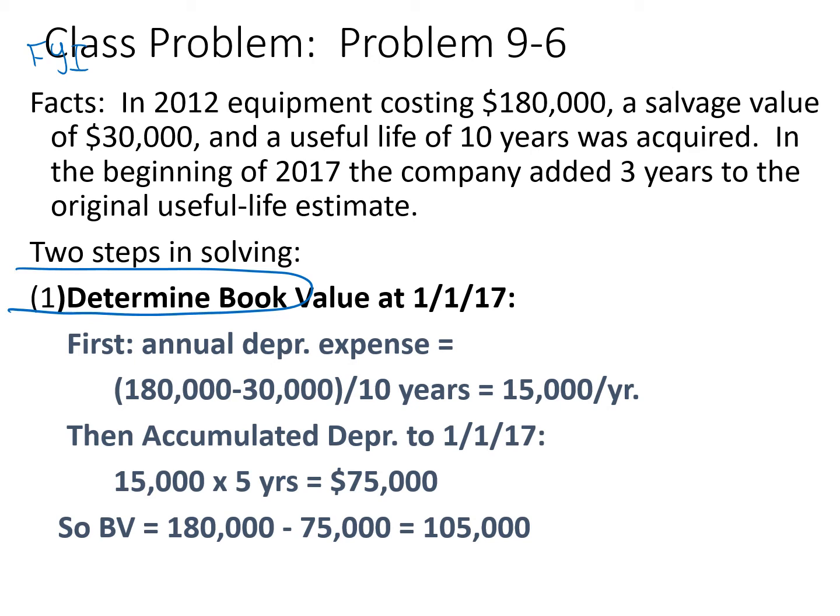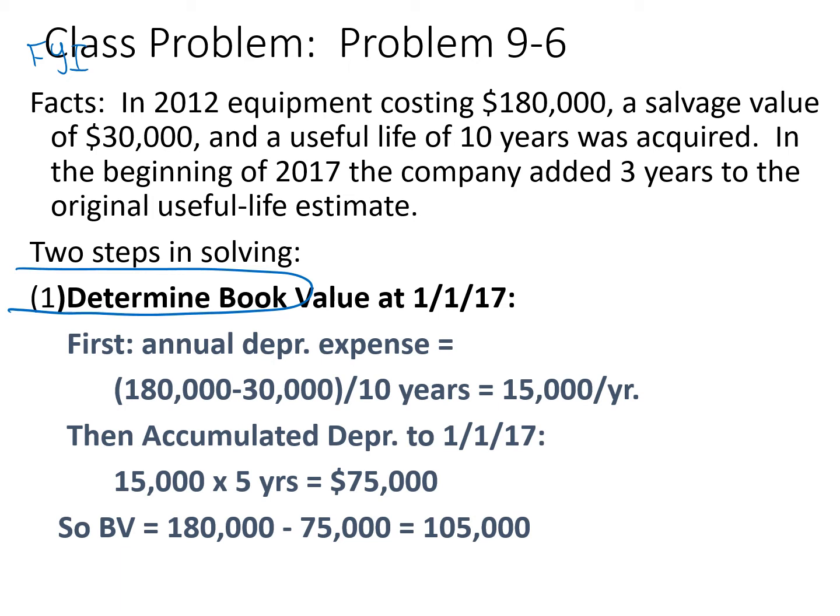Well, first, figure out the book value or carrying value on the 1st of 2017, which is the cost minus the accumulated depreciation. We know the depreciation is $15,000 a year, and we've held it in 2012, 2013, 2014, 2015, and 2016, or 5 years.